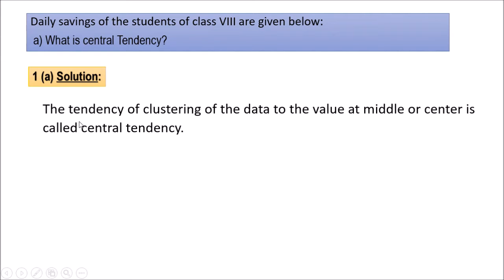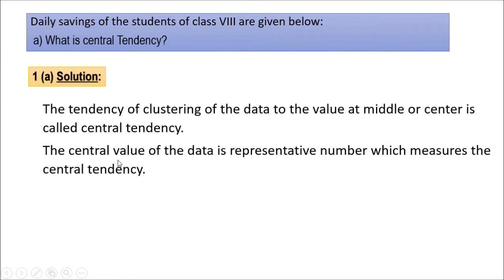That means the data are repeated, or near-about values, and the rest of the data just try to be near about the value at middle or center. The central value of the data is a representative number which measures the central tendency.